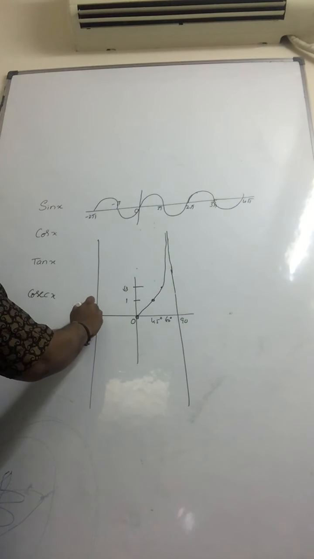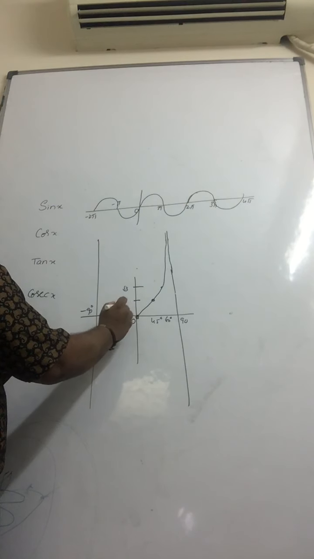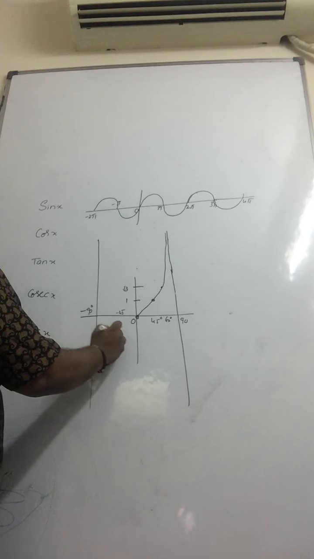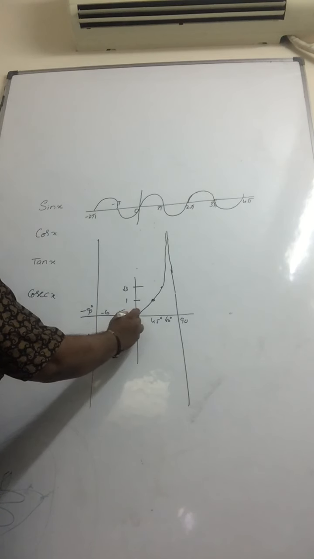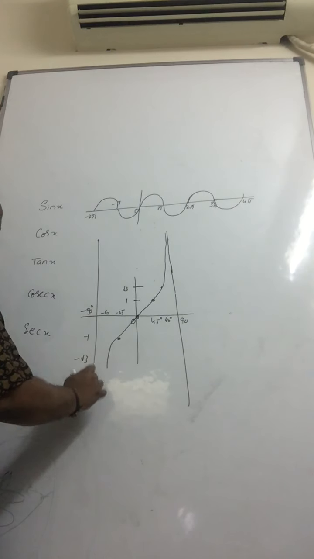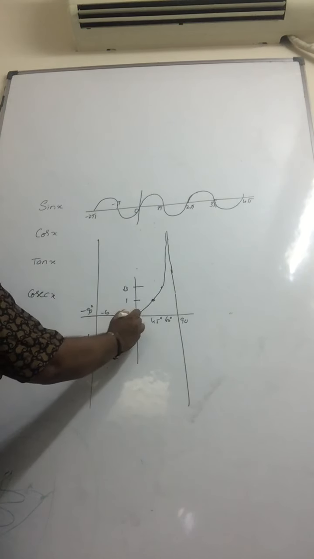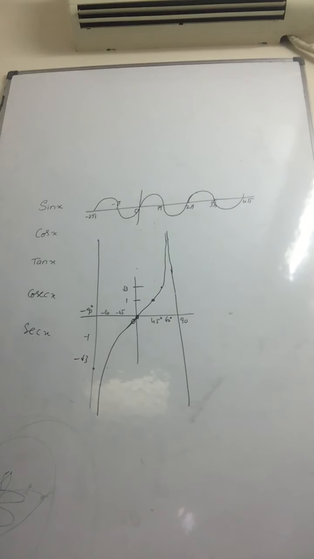On the negative side of the x-axis, for 0 it is 0, for minus 45 it will be minus 1, for minus 60 it is minus root 3, and the graph comes like this. This is minus root 3, let us say. Tan minus 90 will be minus infinity. So this is how the tan x graph looks.